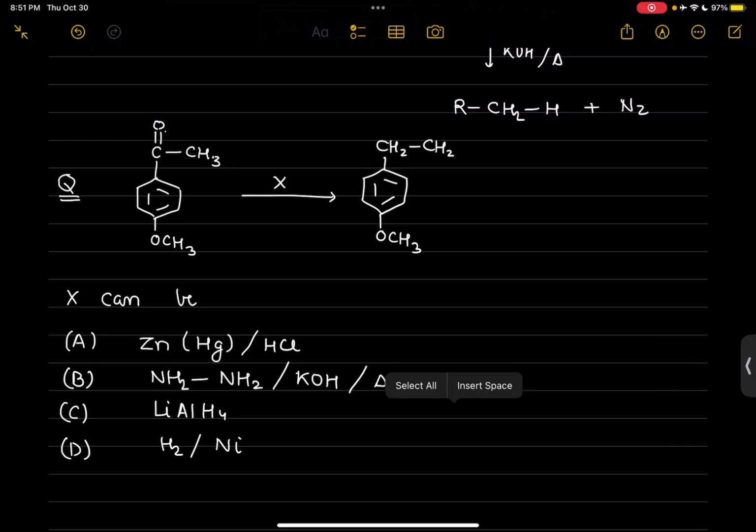I hope the question is clear. Jovita, is the question clear? Yes. Which is the appropriate reagent? They're asking.